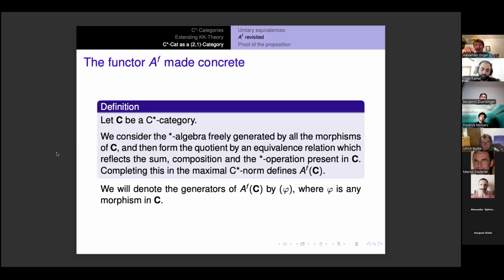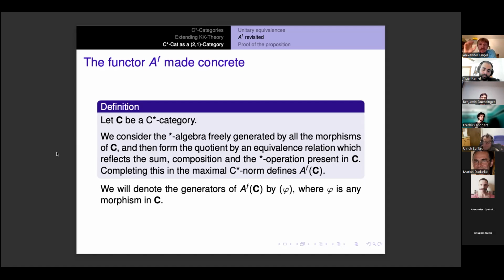What do I mean with this? So for example, assume you have a morphism F and a morphism G in the C-star category C, which are composable. Then in the star algebra freely generated by the morphisms, the generator corresponding to F multiplied with the generator corresponding to G is a different element than the generator corresponding to F composed with G. So we have to form this equivalence relation and then the quotient along it, which identifies these again, so that you really get the composition that you have in C also in this star algebra.